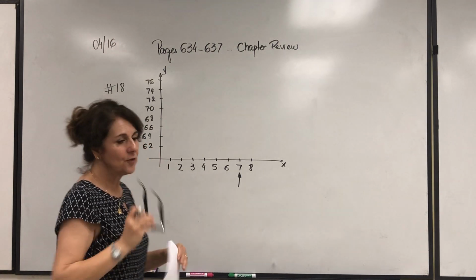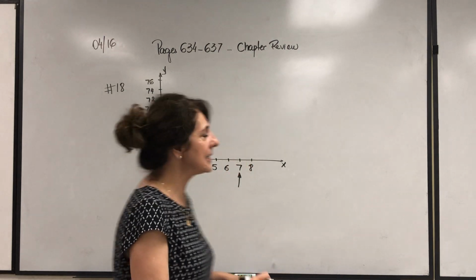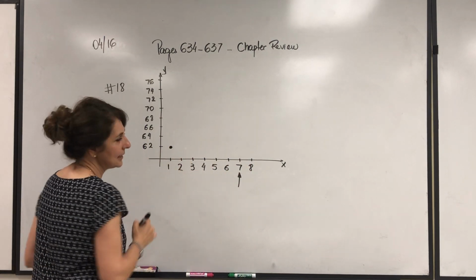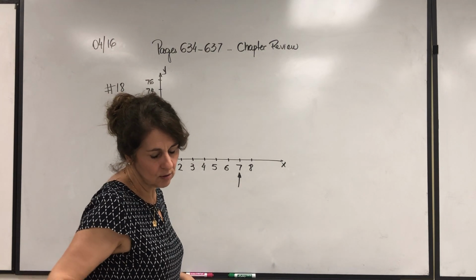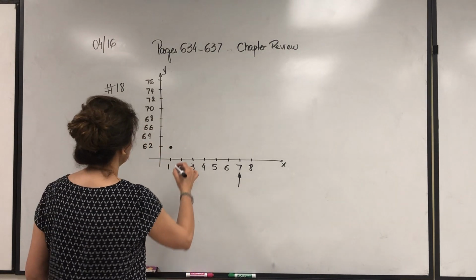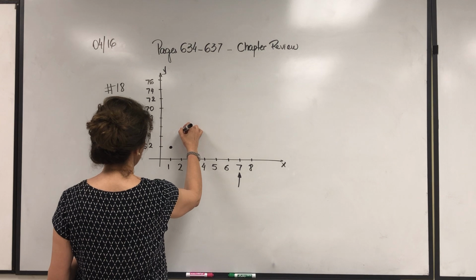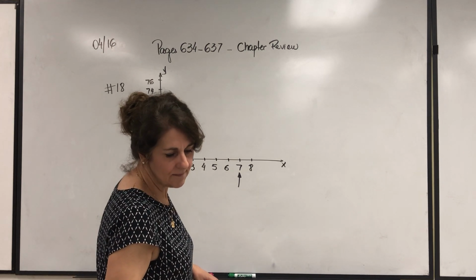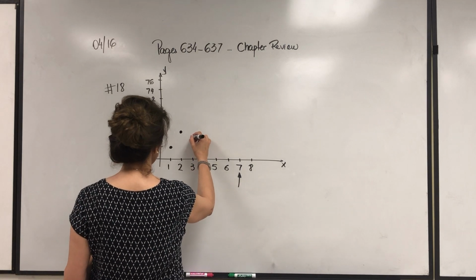So here we go. First one. For season 1, 62 points. Season 1, 62, right here. For season 2, 65. Season 2, 65, right over here. For season 3, 64. It went down a little bit.